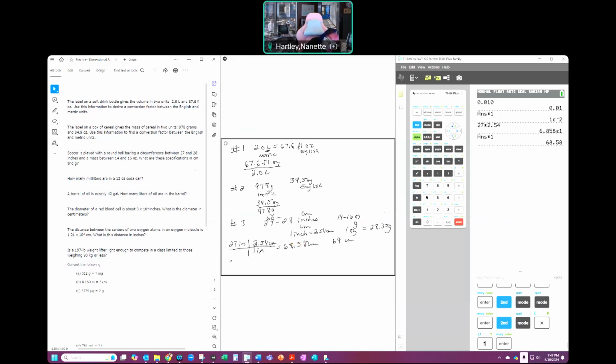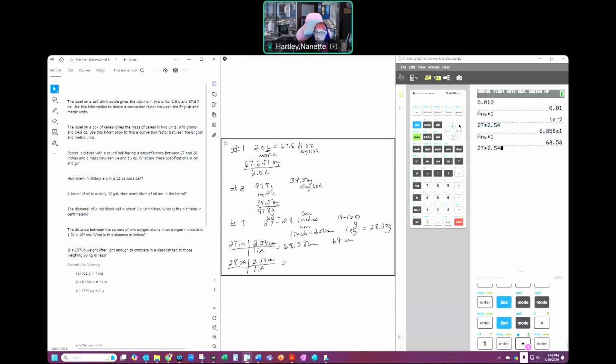All right, so 28 inches, 2.54 centimeters per 1 inch. Again, inches cancel. I set up the same thing that I did before, so I can go up to this calculation right here. I want to use that, so I enter it.